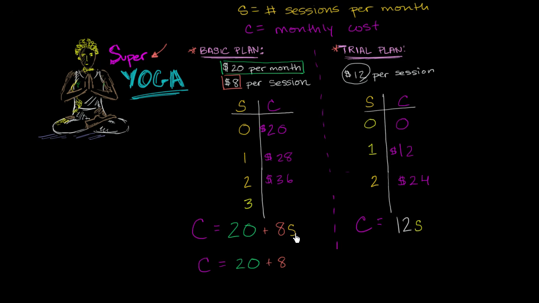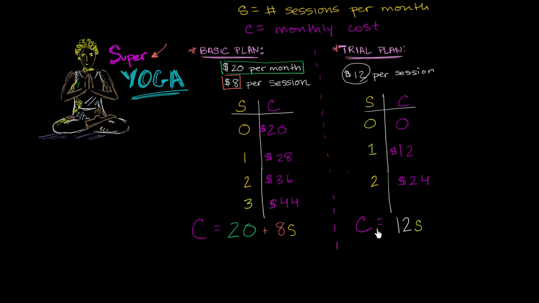The number of sessions is s. S is 3 in this circumstance, so we'll replace the s with the 3. And so our cost is going to be 20 plus 8 times 3, or 20 plus 24, or $44. So let me erase this right over here. So this is going to cost us $44.